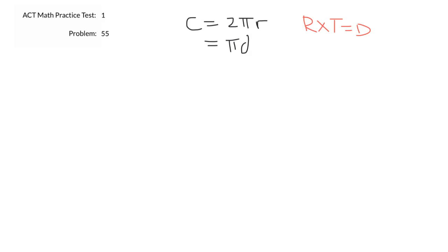So how can you find Mario's speed in inches per minute? Well, the speed is r, okay? And the time that he traveled was 1 minute, so I'm just going to write 1 min. But what is the distance that he traveled? What is the distance he traveled?